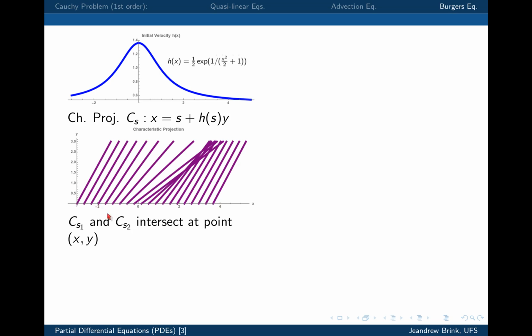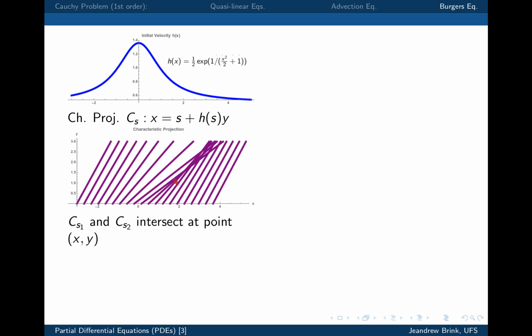For example, you take two lines, say this one over here and that one over here, so that's S1 and that's S2. Let's take that to be S1 and S2. These two go along until they eventually intersect over there.